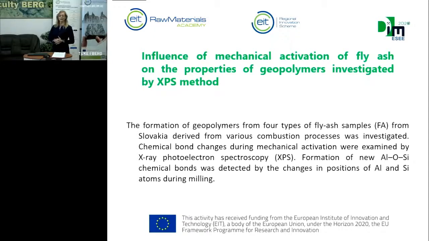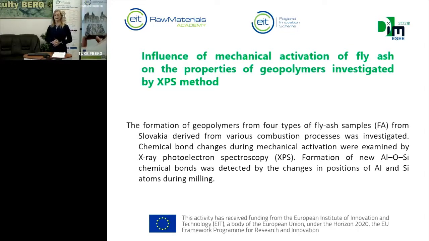In this study, we tried to create geopolymers from 4 types of fly ash samples from Slovakia, derived from various combustion processes, and we investigated the chemical bonds and the changes in the chemical bonds during the mechanical activation.